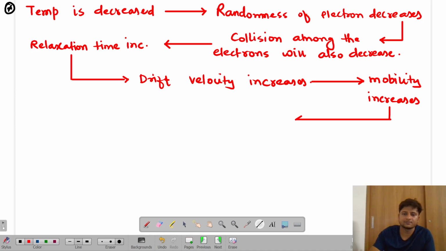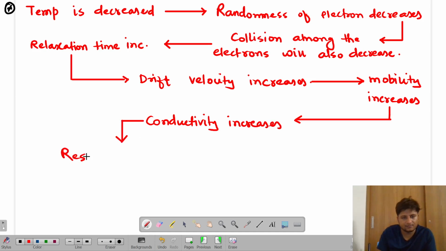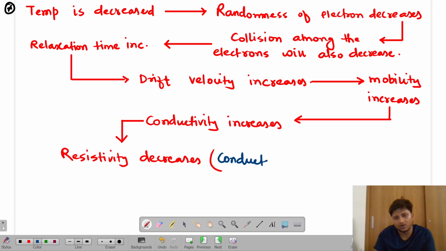Conductivity increases, and as conductivity increases, resistivity decreases. But this is only happening for conductors or metals. Only conductors or metals. Are you able to get me or not? Is that clear or not?